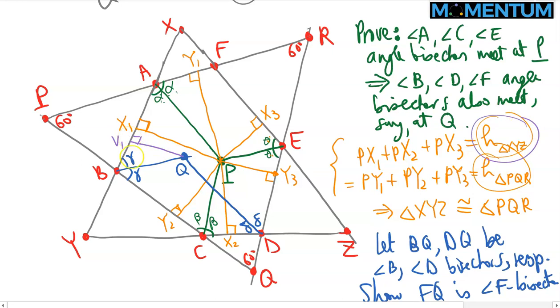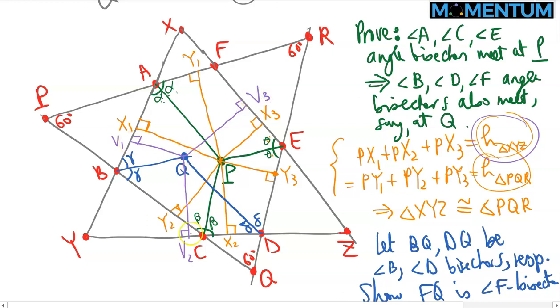So this is AB. Next one would be probably CD. I need to drop a perpendicular to side CD. There you go. I will label this one as maybe V2, I guess. And lastly, I need to drop a perpendicular to this one over there, and I will label it as V3.